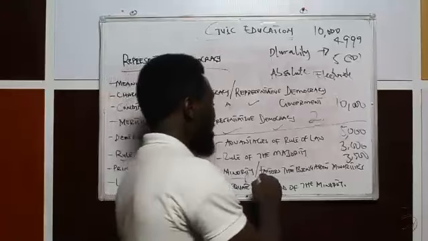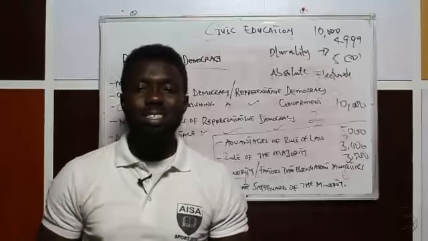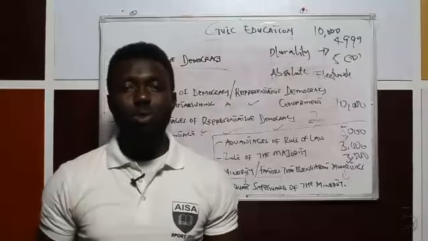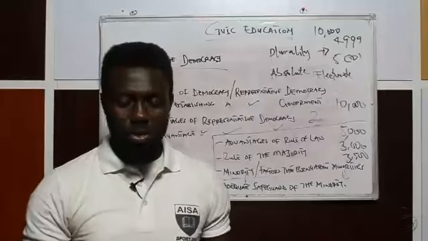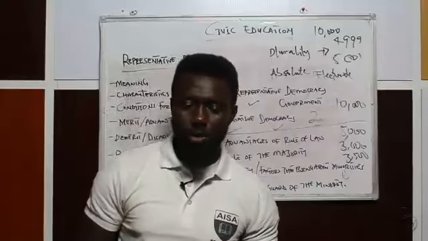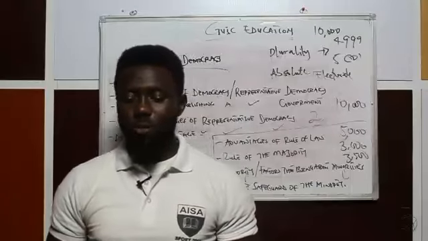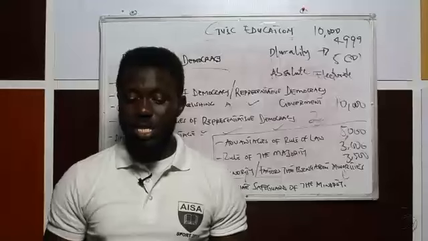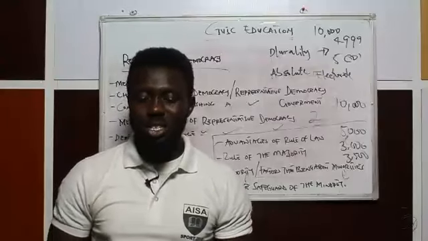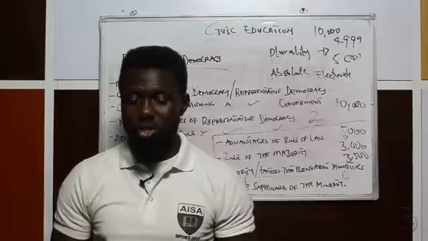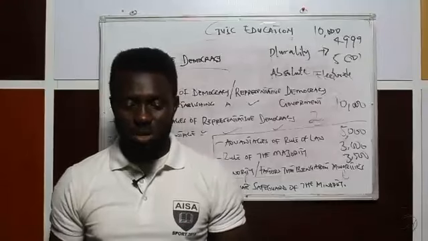So what are the factors that bring about minorities in a society, in a community, or in a country? The following are some of the factors. They include boundary adjustment, creation of local government areas and states, and formation of clubs and organizations such as political parties, churches, social clubs, etc. Number 4, illiteracy and ignorance is also a factor.